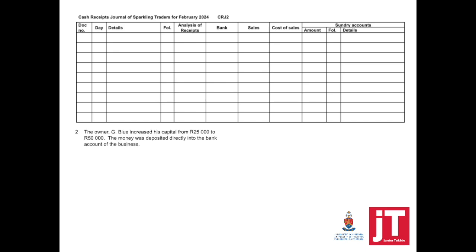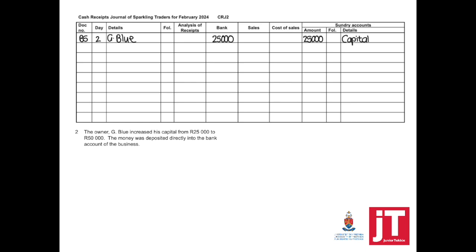Day 2, the owner, Blue, increased his capital from 25,000 to 50,000. The money was deposited directly into the bank account of the business. So when we start with the cash receipts journal, we start with the document, bank statement. On day 2, from who did we receive the money? From Blue.